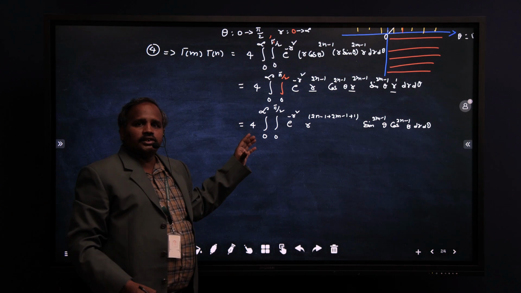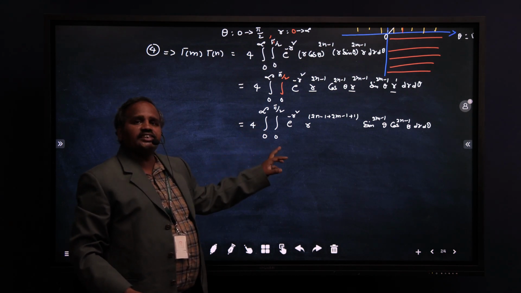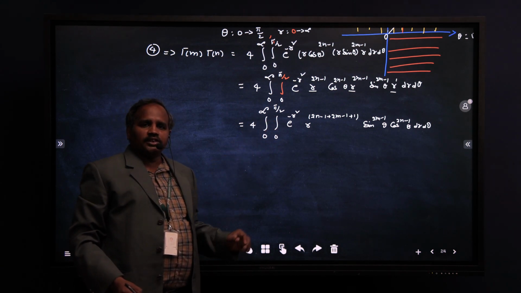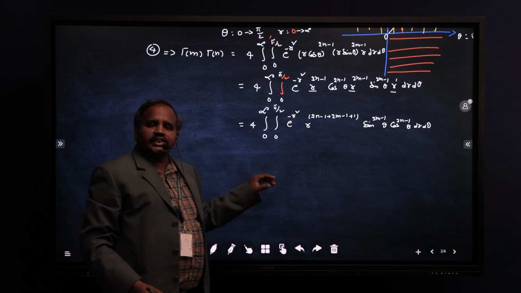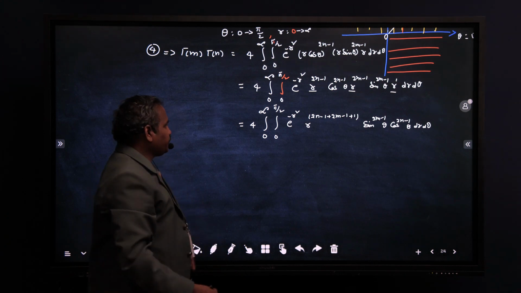Here the r limits are 0 to infinity and the theta limits are 0 to pi by 2. That means we integrate r from 0 to infinity and theta from 0 to pi by 2.